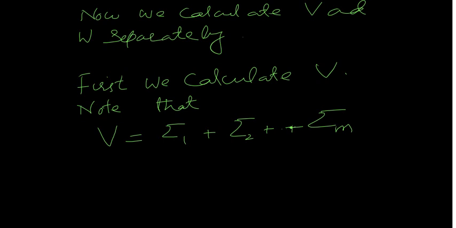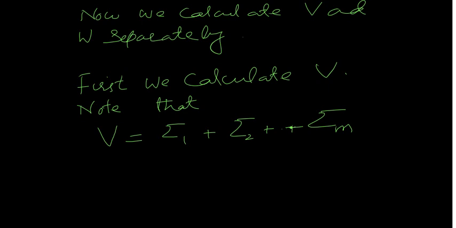Because this sum 1, what is this sum 1 actually? This sum 1 is with respect to the interval t0 to t1. Suppose t0 to t1 lies in some interval, then this is the sum with respect to that.